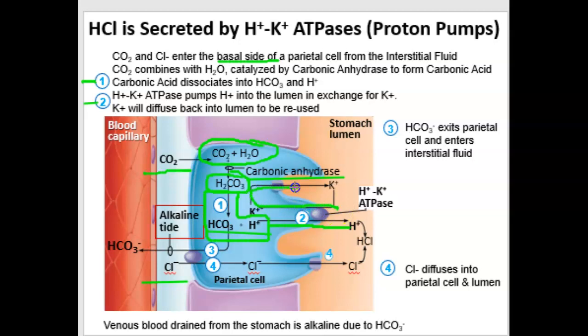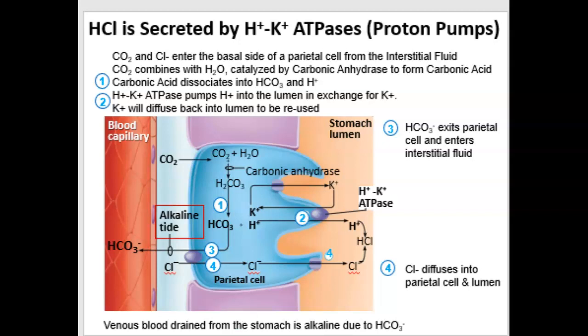But the potassium's just going to go right back in there anyway. It just kind of gets used over and over again. So now we have hydrogen, and we got the chloride ion just from simple facilitated diffusion into the stomach. Okay. And eventually, this bicarbonate is going to go back into the bloodstream. So that's the picture that's in your textbook.